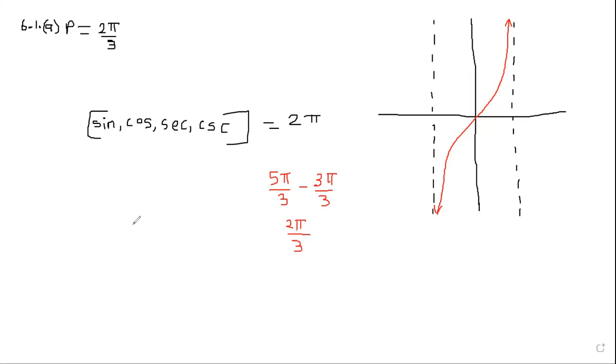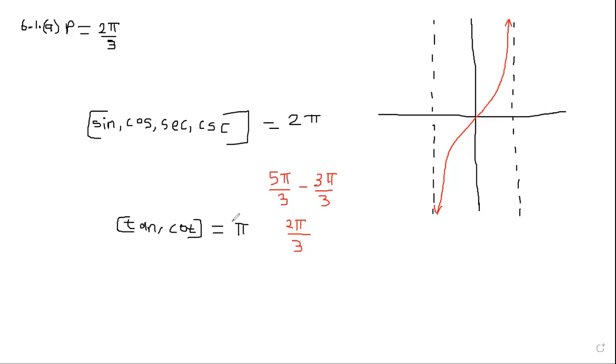But for tangent and cotangent, the period is different. It is no longer 2 pi, but it is pi.